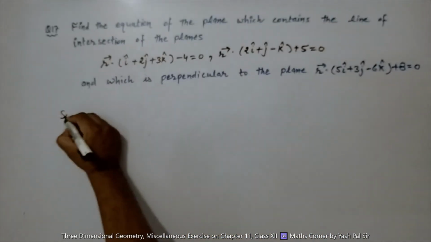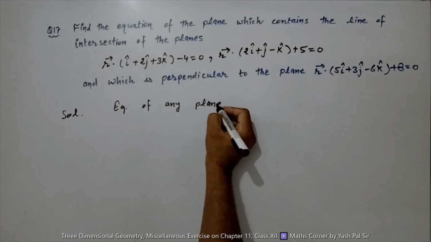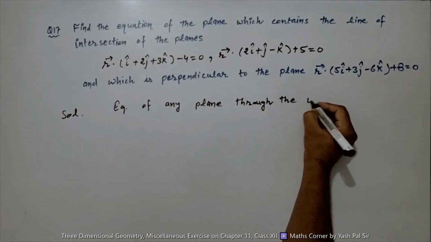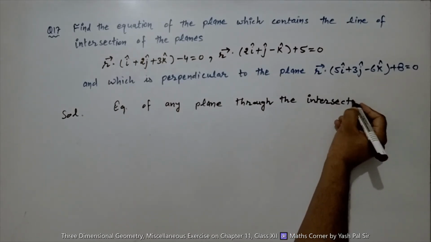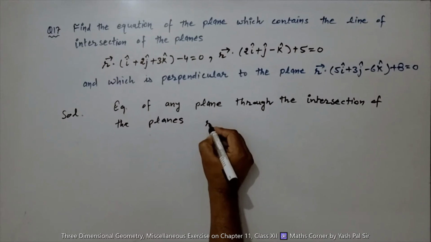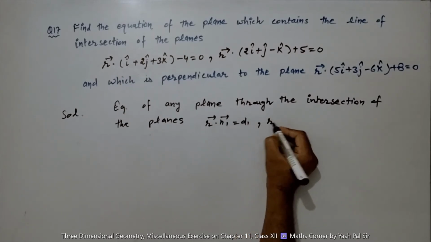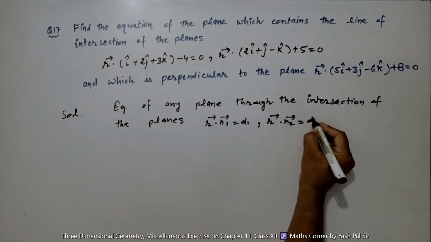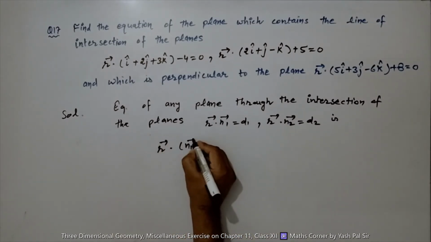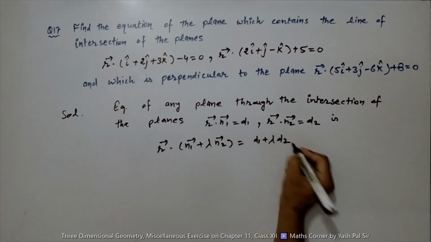So again we know that the equation of any plane which passes through the intersection of the planes r dot n1 equal to d1, r dot n2 equal to d2 is r dot n1 plus lambda n2 equal to d1 plus lambda d2.